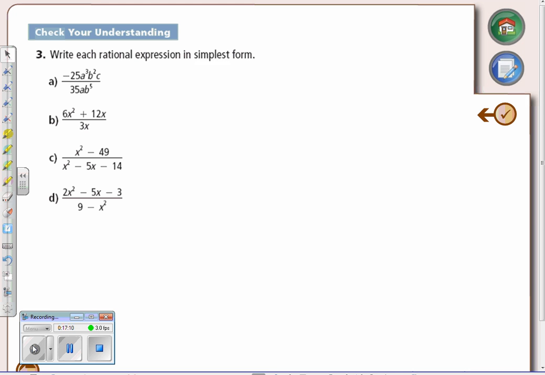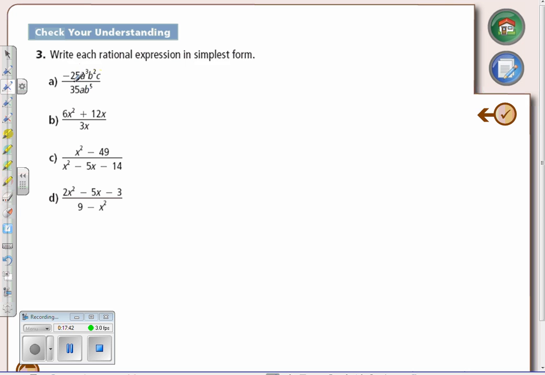So using that concept, we're going to write each rational expression in simplest form. We're going to look for what's common in the numerator and denominator that we'll be able to divide to 1. We're going to take each part as its own fraction: the coefficients in front, the a's, the b's, and then the c's. We've got negative 25 over 35.